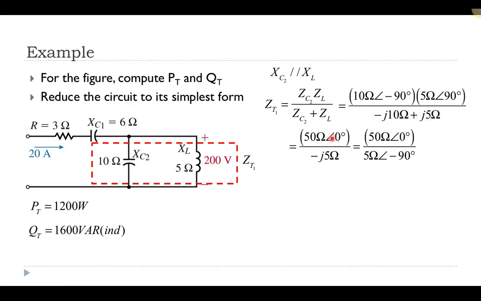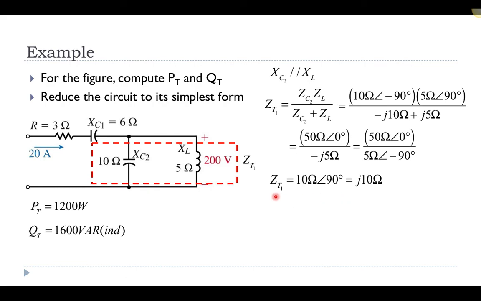So if I subtract the two quantities at the bottom, I get a negative 5 ohm imaginary piece. Multiplying the two terms at the top, 10 times 5 is 50. When I get the phase angle here, it ends up being 0. I can write the bottom term in its polar form, and it looks like I have a 5 ohm capacitive reactance term because of this negative.